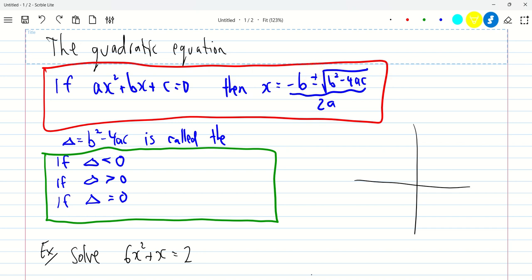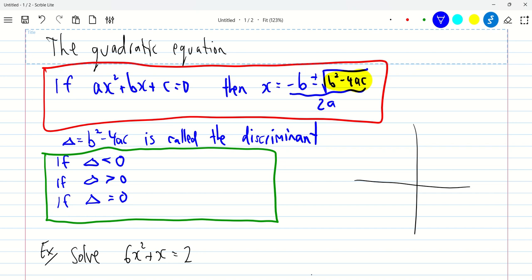The second thing that's worth noting is that we've got this square root here, and under the square root we have b squared minus 4ac, and that bit is called the discriminant. That tells us a couple of things.